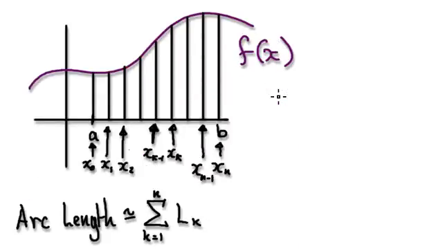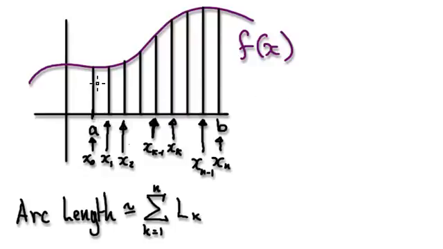And then the total arc length from here all the way to here would be us summing up all the capital L's. Remember, the straight line that joins from here to here is L1, then this is L2, L3, and so on.